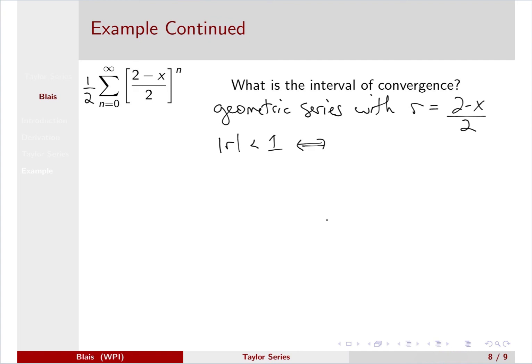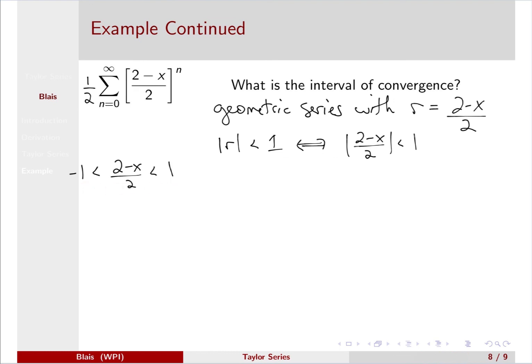That's if and only if the absolute value of 2 minus x over 2 is strictly less than 1, and we can flesh that out. Another way to write this inequality is to say that we have minus 1 is less than 2 minus x over 2 is less than 1.